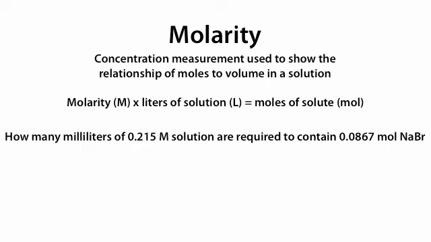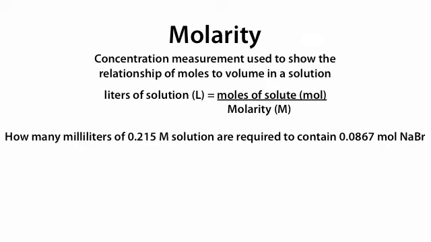If we look at our molarity equation, we can once again rearrange it to read liters of solution is equal to moles of solute divided by molarity. So we simply need to take our moles of solute, which we have 0.0867 moles, and divide it by our molarity, which is also given, 0.215 molar.